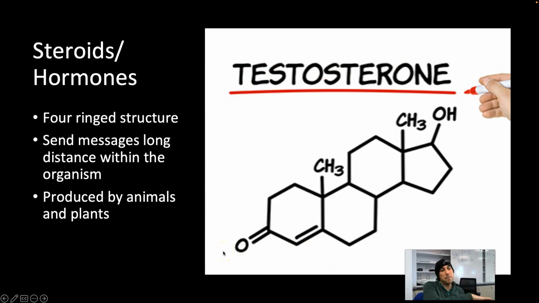So they can send messages long distances. And what's kind of interesting, this testosterone, one cell type may act differently than another type, and it activates what DNA gets read and turned into proteins and all sorts of stuff. So another type of lipid is a steroid and hormone, and they're not energy storage, they're sending messages.